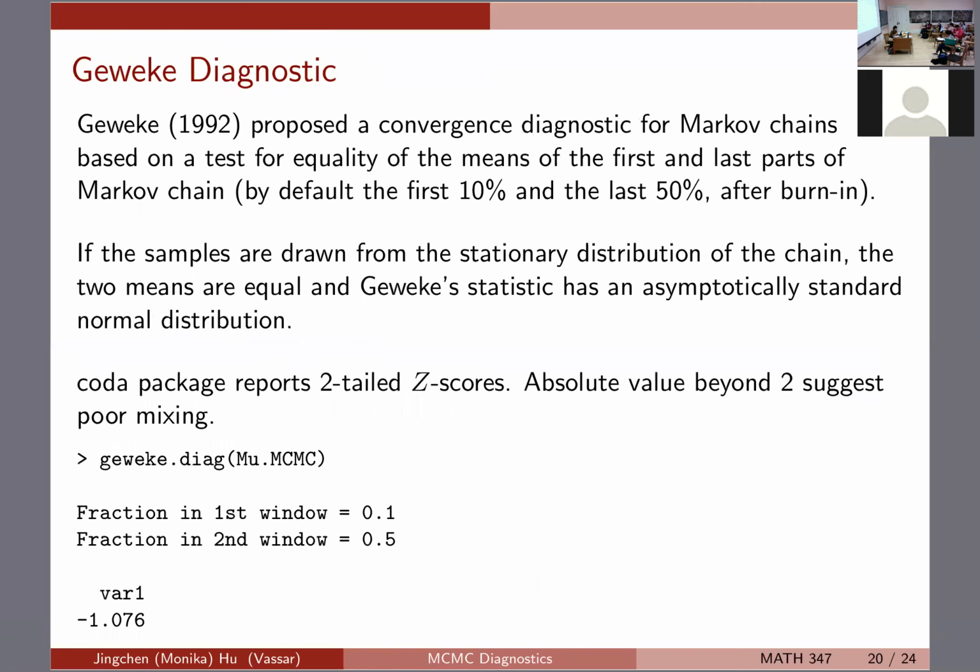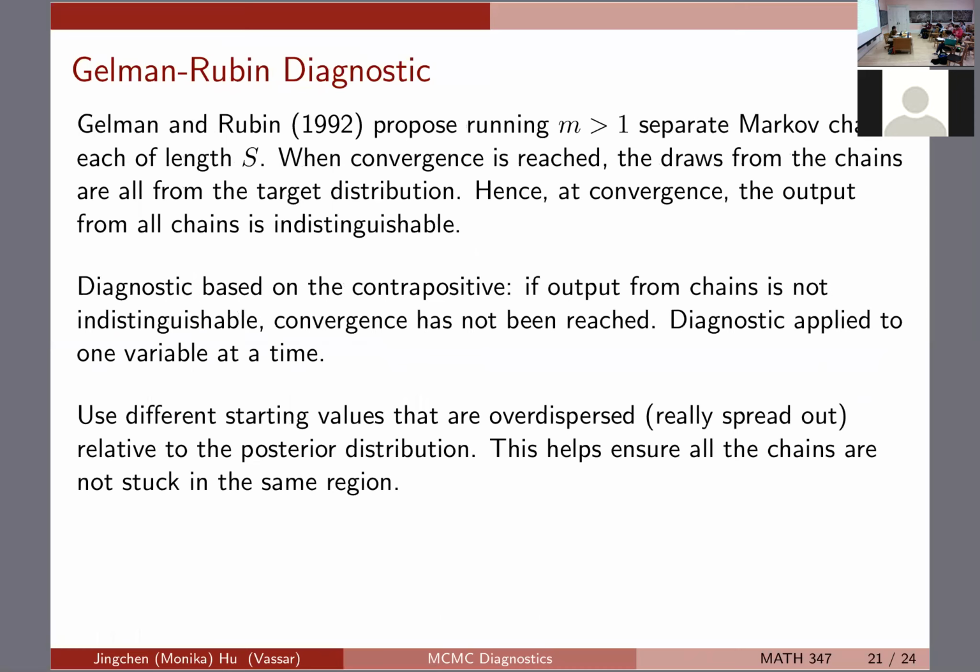All right, so this one, the Gelman-Rubin diagnostic, is also very straightforward, I think. Let me explain the general idea and then go into the detail. This is along the same line as running multiple chains.